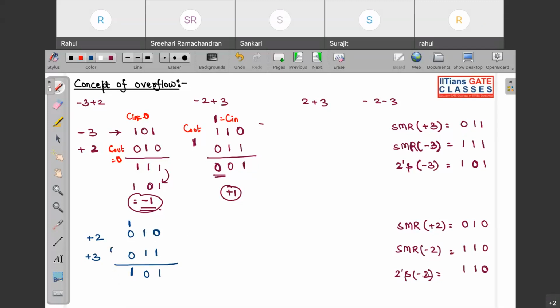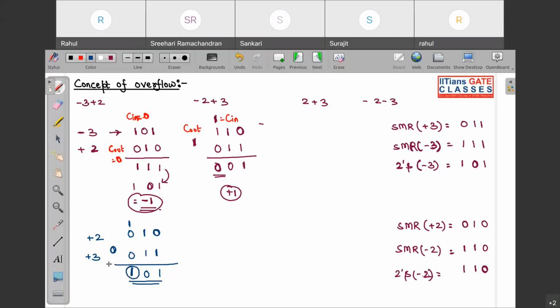Over here I am getting C out as 0 and C in as 1. You can see one more thing to note over here, that there is no carry being generated. So if no carry generated, I should be getting a positive number, but you can see the number that I get is a negative number. Why so? Because the leftmost bit is 1. So this indicates a negative number, but I have not generated any carry.